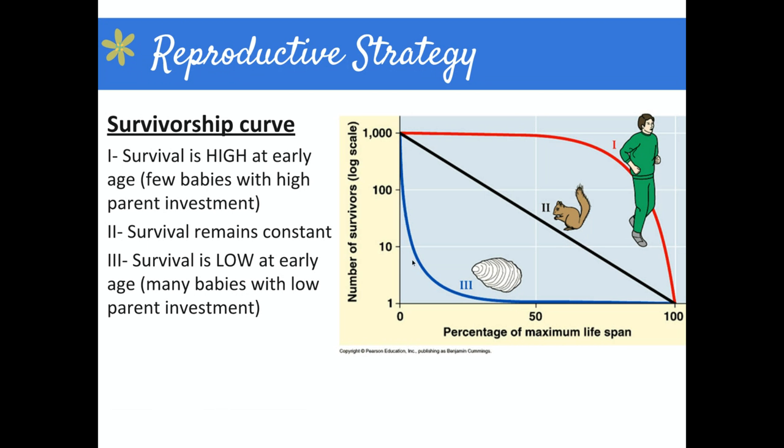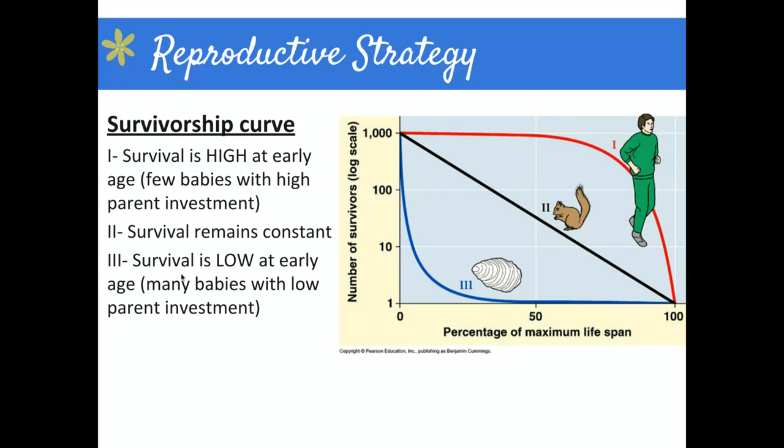So you can see here on this graph the number of survivors versus age. We have on our red line for type 1, most of the babies are surviving, and they're surviving for their whole life. They only start to fall off once they get older, which we would expect. You can't live forever. So they die of old age, not from predators or dying right after birth.